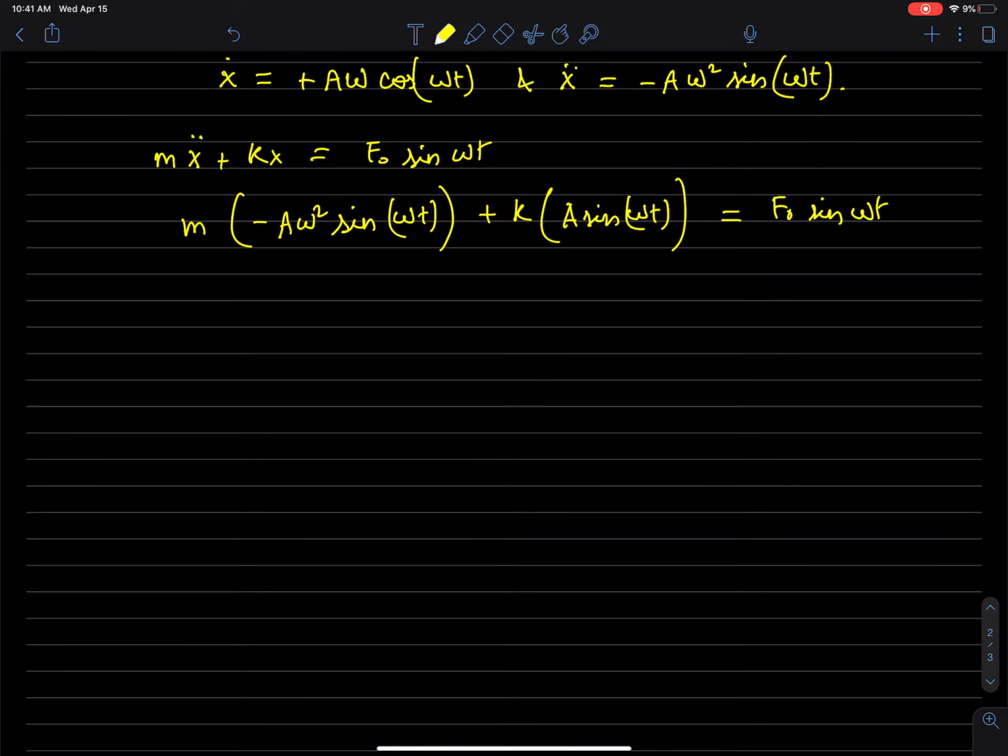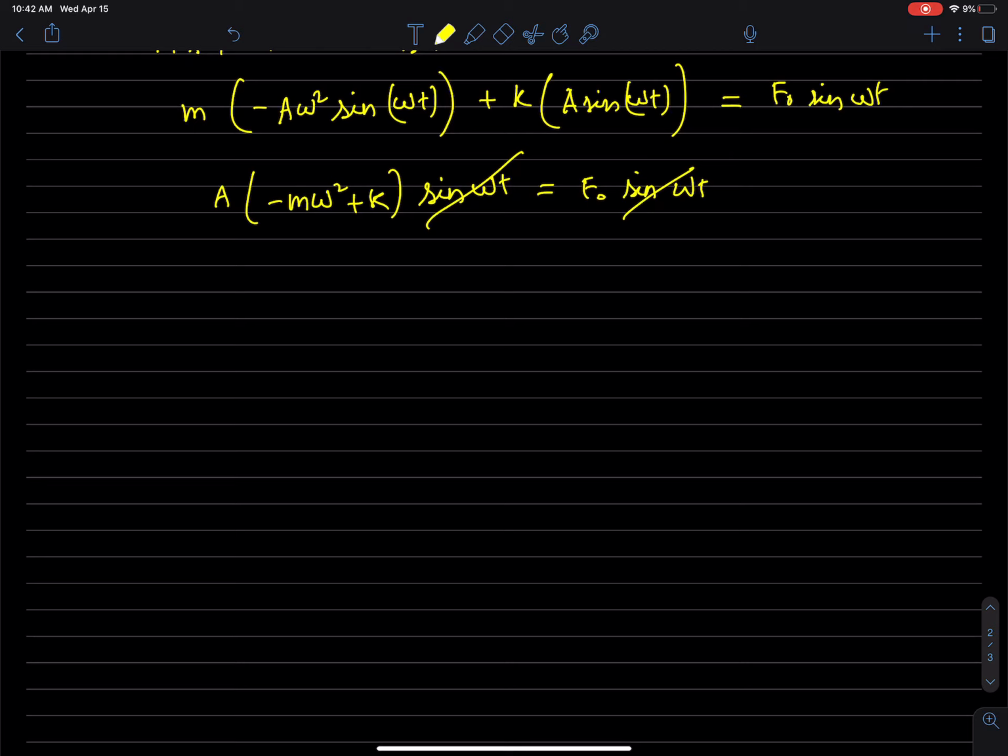So we can isolate things. So we have a, minus m omega square plus k, sine omega t on the left hand side. So a comes outside, and then minus m omega square plus k is the next one, and then sine omega t, equals f naught sine omega t. And sine omega t is not identically equal to 0, so we can cancel that out.